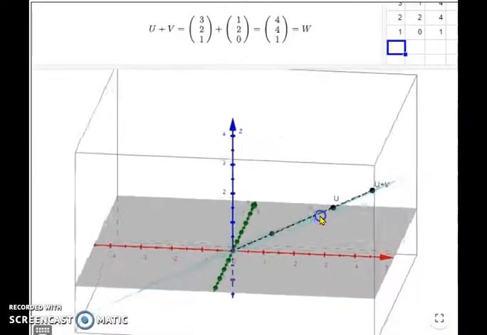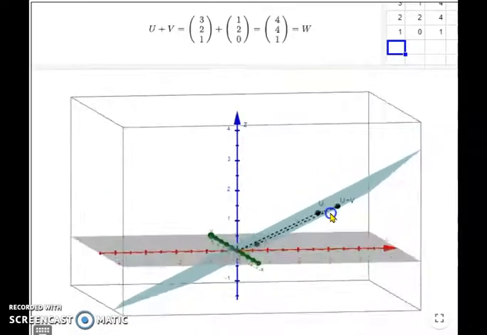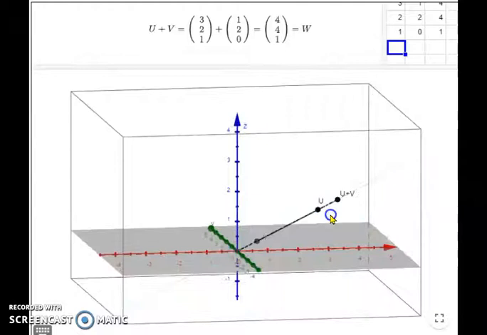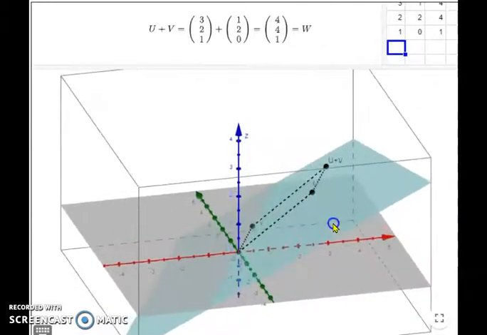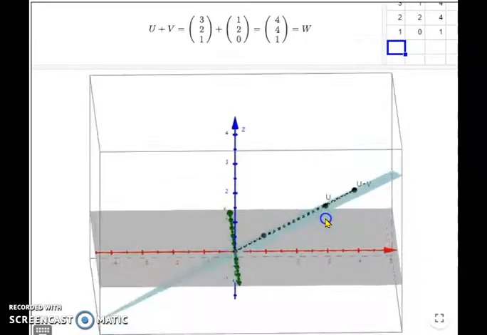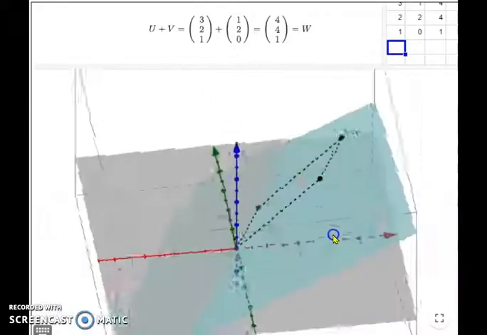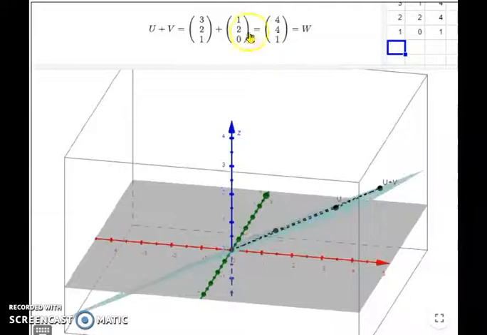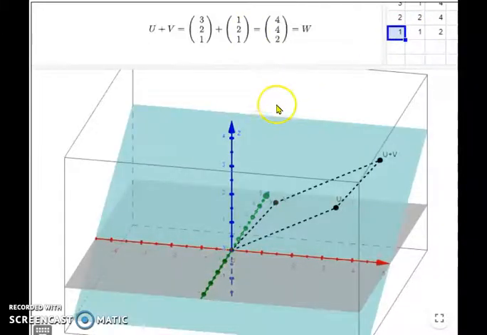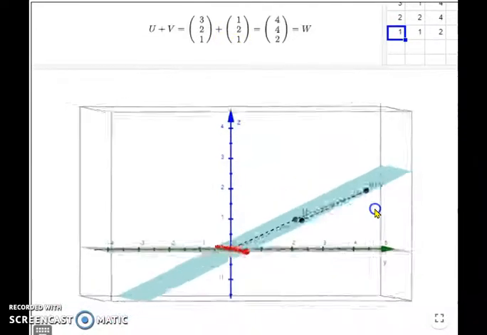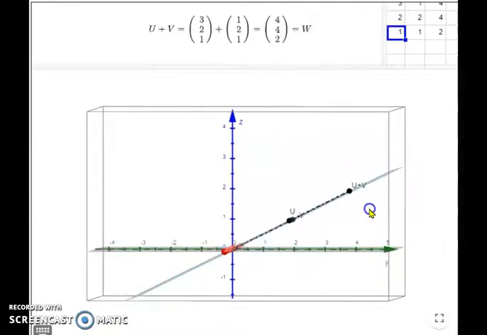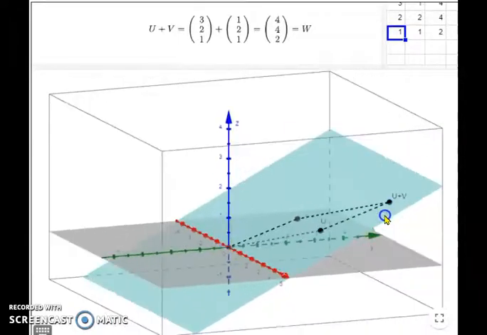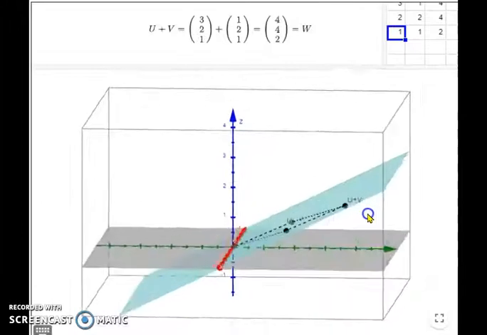So kaya kung makikita ninyo dito, nag-slant na siya, because U is elevated 1 unit. So kung i-1 din natin itong z for the V, that plane will become this one. Umakyat din kasi siya ng 1 unit.